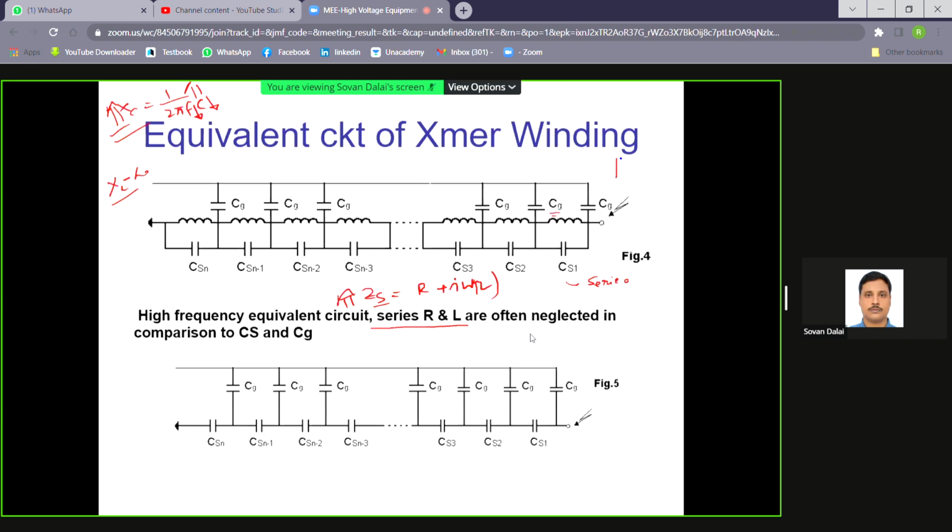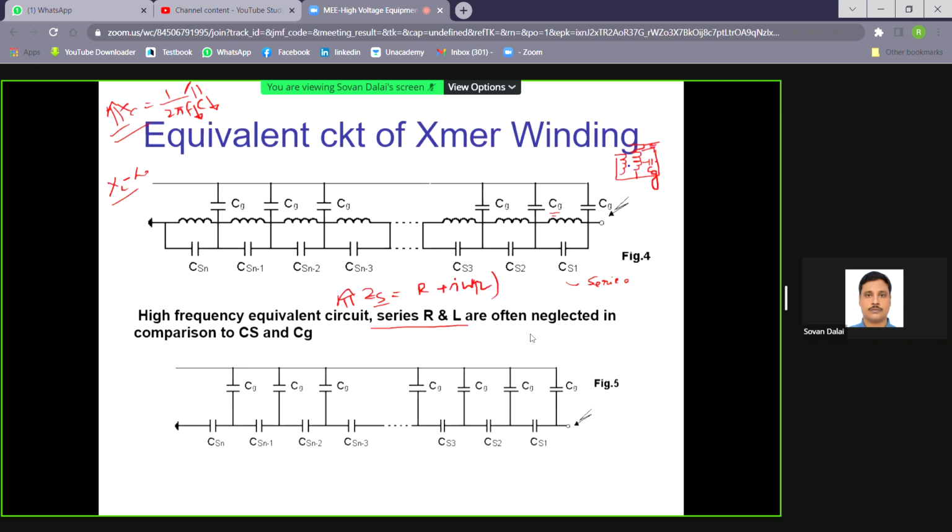Suppose this is the transformer tank and the winding is there. Some capacitance is formed with the transformer tank, which is called the ground capacitance CG. Some capacitance is formed between the turns of the transformer winding, which is considered as series capacitance.